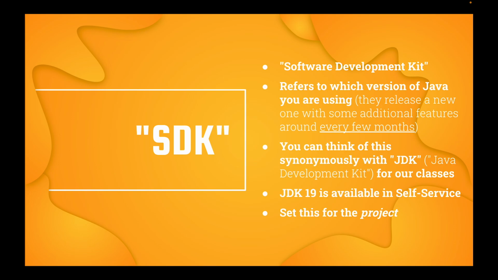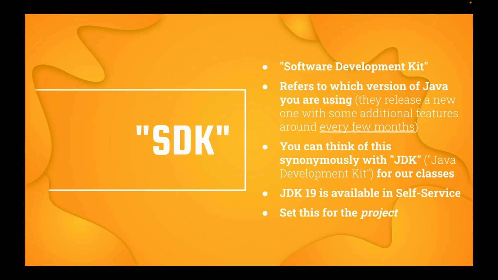When you go to set up a project, and we'll work through an example of all of this in a minute, you need to select an SDK. Because we're teaching Java, your software development kit will be a Java development kit or a JDK. So you can think of those as synonyms for this class. But basically, they're always releasing new versions of Java every few months and new long-term support versions every 2 years or so.